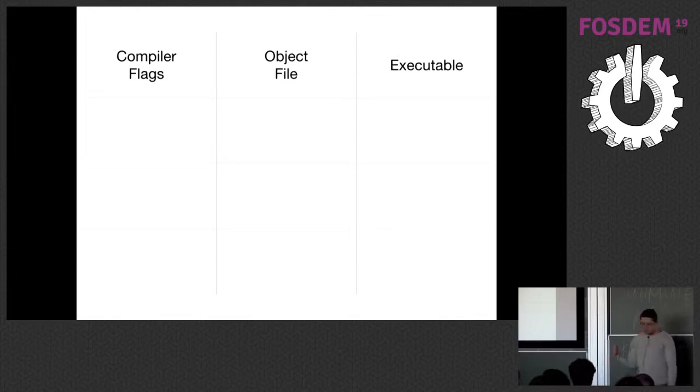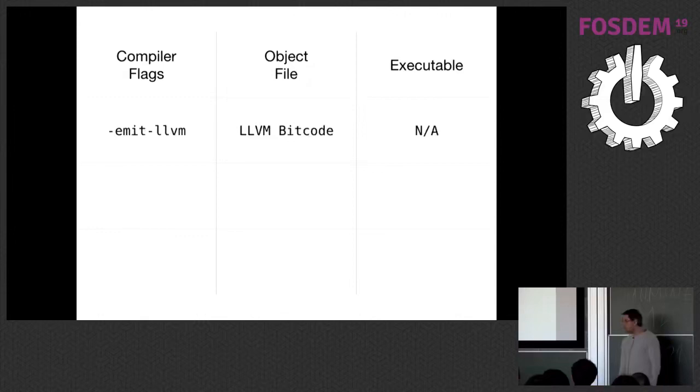Normally, the compilation flow is like this: you call a compiler with some flags, you get an object file, then you call a linker, and you get an executable in the end. With Clang, there is at least the most famous flag: if you call clang with -emit-llvm, instead of an object file you get LLVM bitcode, and there is no executable.